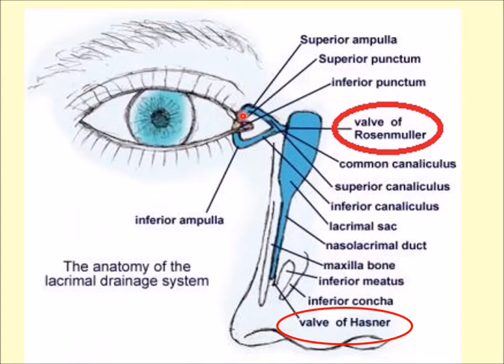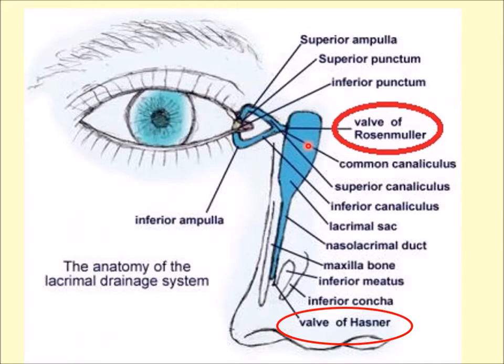Here, this is the vertical portion of the canaliculi. This is the horizontal portion of the canaliculi. They form a common canalicular duct. And here is the situation of the valve of Rosenmuller, which prevents reflux back to the eye from the sac.